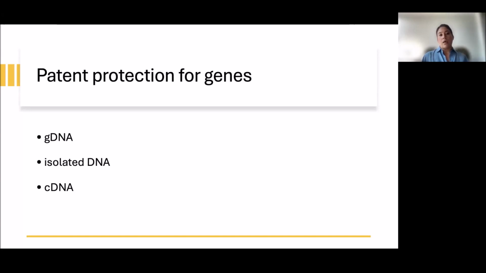It had 3 kinds of genes in the patent application: gDNA, the isolated DNA, and the cDNA. So it wasn't just one subject matter and one product, rather it was 3 subject matters, and protection was sought for the method and for the product. So it was quite complicated.